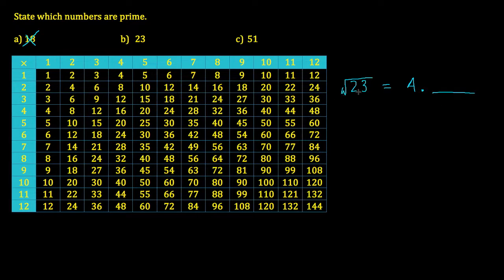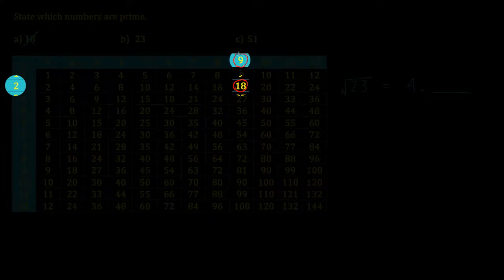Now, before I build on that, let me go back to the 18 that we had. We said 18 was even and therefore could not be prime because it was greater than 2, being the only even prime. Well, let's take a look at it. Here I have 18 in my table, and you can see that that's the product of 9 and 2. It's 9 times 2.